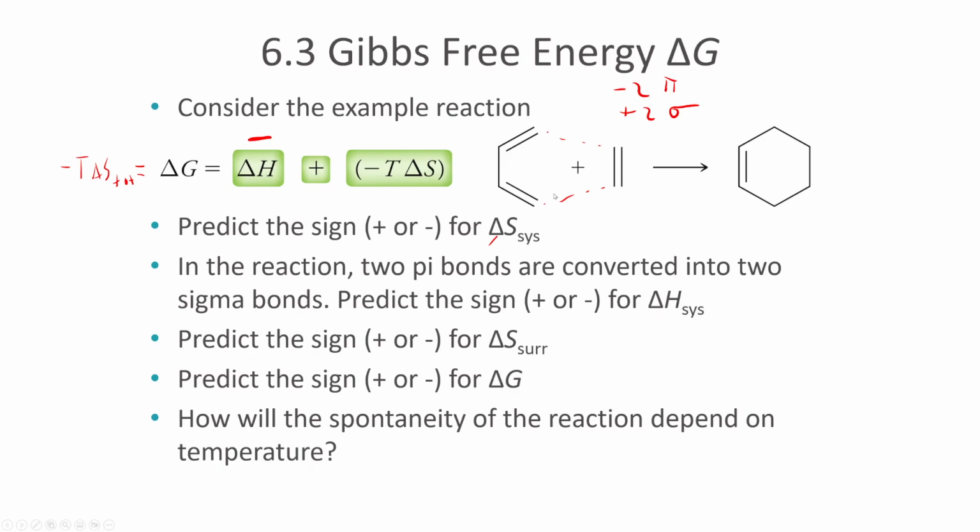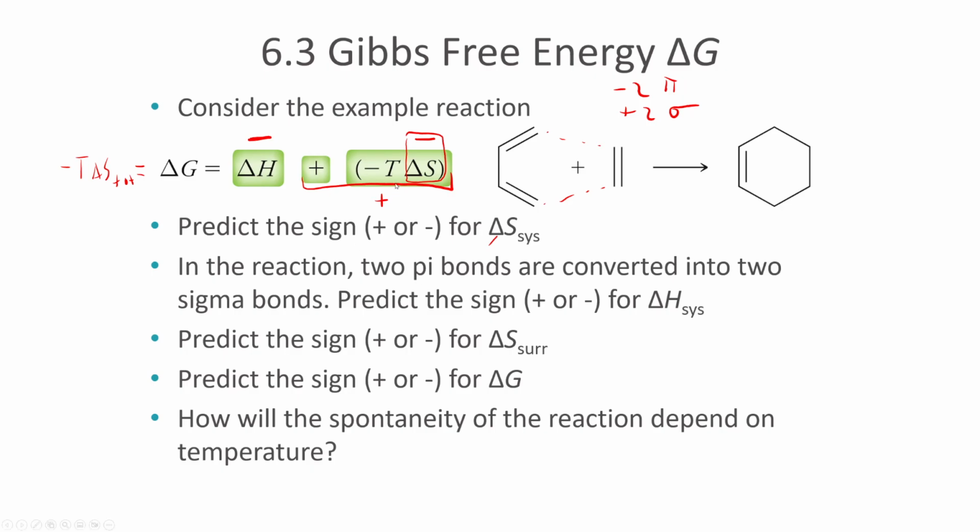Finally, in terms of entropy, we started with 2 molecules that had a lot of freedom of motion, but now we're down to 1. And so we're losing entropy here, and our delta S is going to be negative. Now, if we want a spontaneous reaction, delta G will have to be negative. So we should think about which situations that would occur. Since delta S is negative, this entire term will be positive, and how big the term is will depend on the temperature.